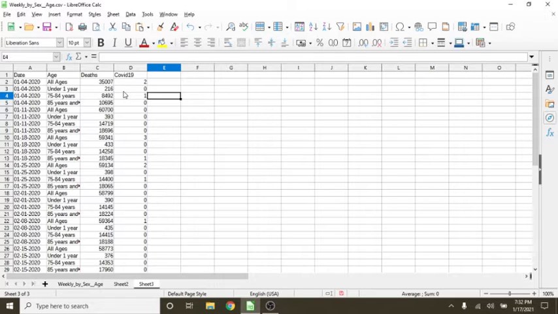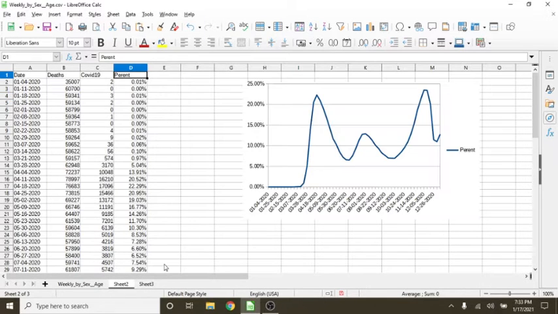What we wanted was to see the total by age group, and what the percentage of the total by age group is here. Let's come back over here for a moment.